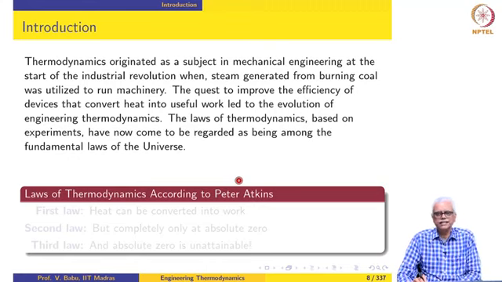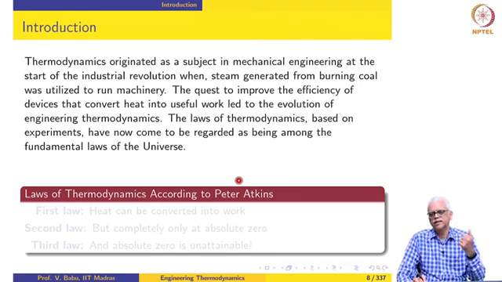So, basically the Industrial Revolution heralded the era when things which until then were being done using manpower were beginning to be automated and being done with things like steam.